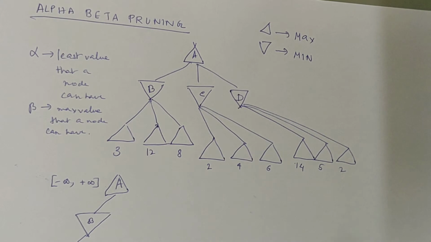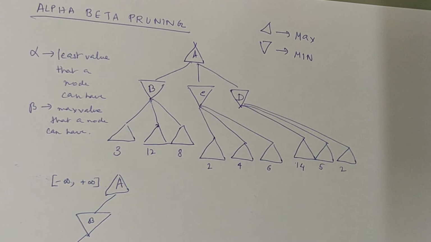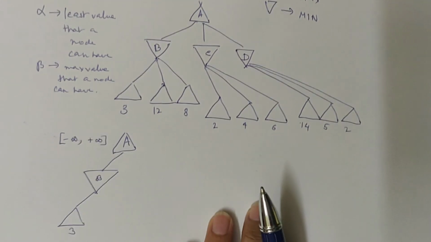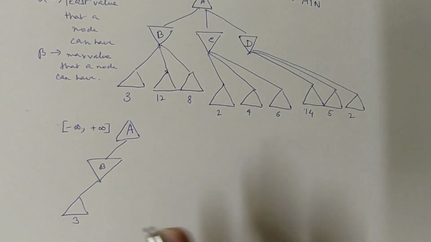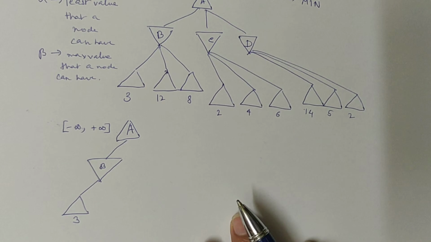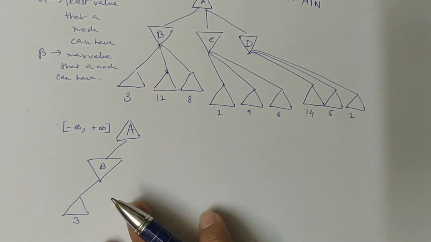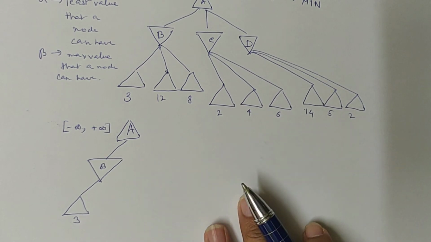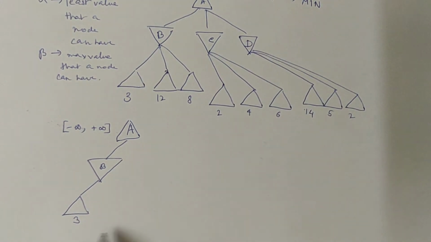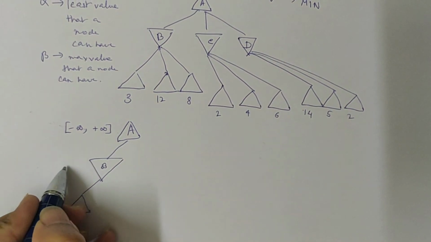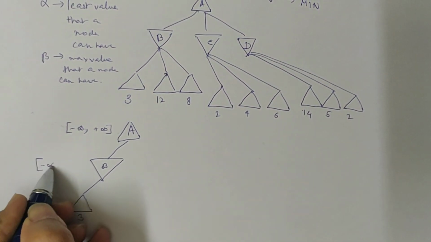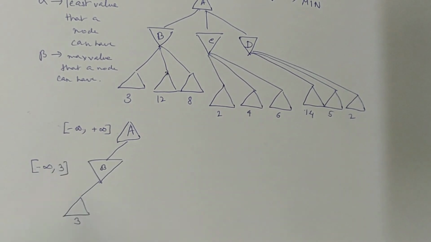B will pass the least value of all its children to max. So at this stage I can say that B has a value of at most 3. It will never give a value more than 3, right? So the beta value of B becomes 3 now.